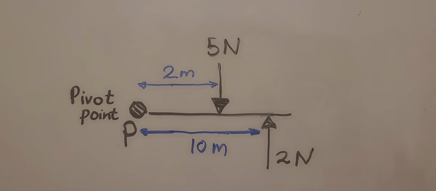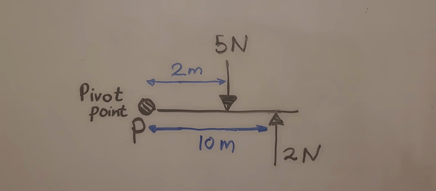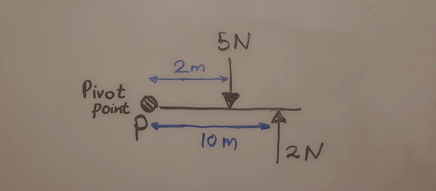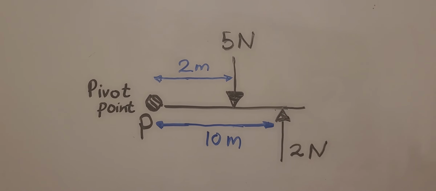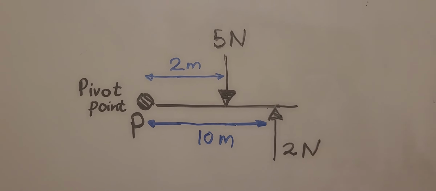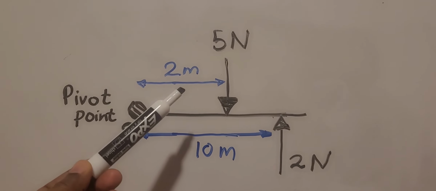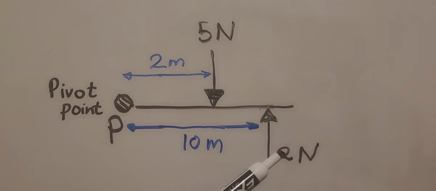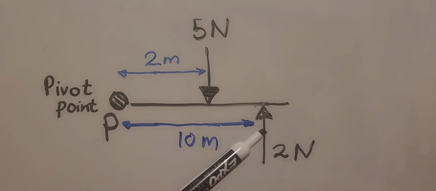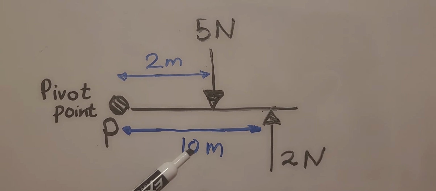So this is the first problem. As you can see, P is the pivot point, and then there are two forces, one 5 newtons, 2 meters from the pivot point. And then there's a 2 Newton force that is 10 meters from the pivot point.